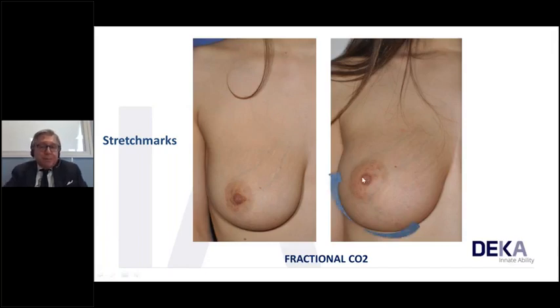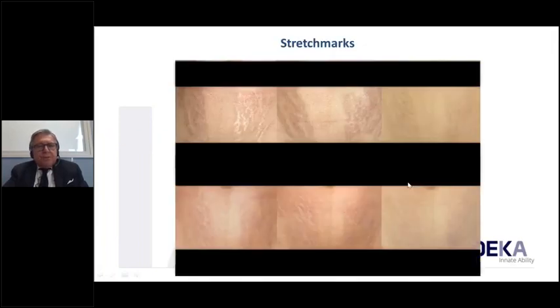It's not surgical passes, but it's important to see how we can tighten the skin, not only in terms of improvement of the stretch marks, but even to have a very firm skin after the procedure. With the stretch marks, we get very good results.